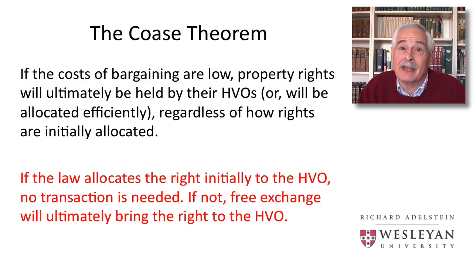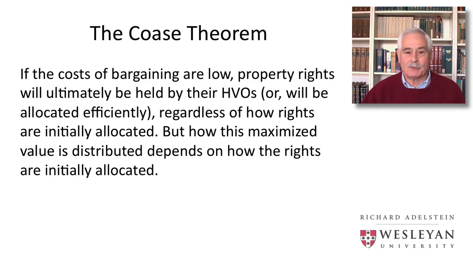If not, that is, if the judge has given the property right initially to a lower valuing owner, then free exchange, if the costs of bargaining are low, will ultimately move that property right from the hands of the lower valuing owner to the hands of the higher valuing owner.